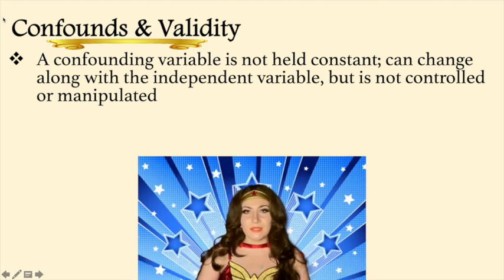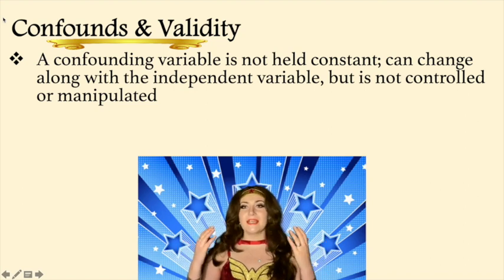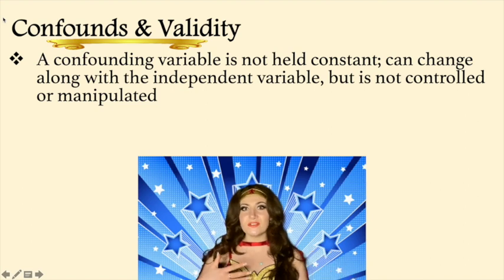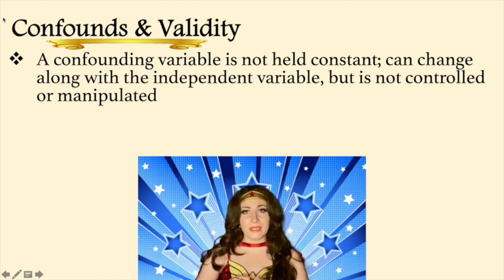Typically when we conduct experiments, we are trying to find causal inferences between the independent variable and the dependent variable. Anytime there is an indirect effect from a third variable on the dependent variable, that becomes a confound. It convolutes our internal validity, therefore making our experiment much weaker.